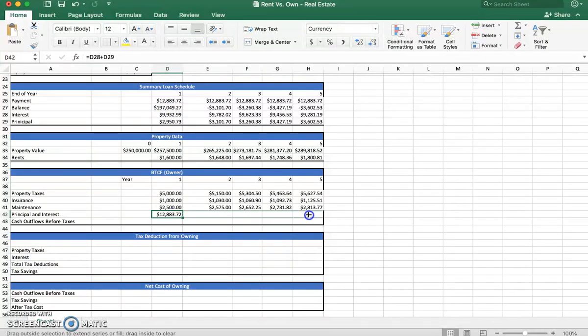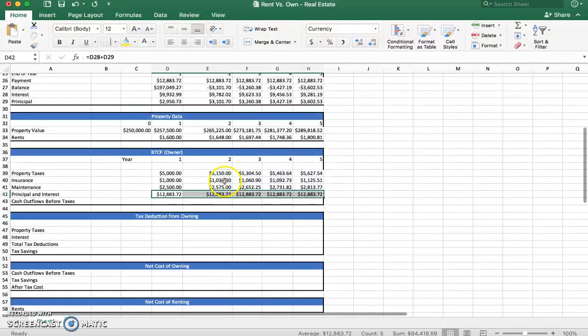As you might already know, the interest and the principal is going to be the same as the payment every year, right? It's just changed in its composition. So the principal will be going up every year. The interest will be going down every year, but it's still going to equal 12,883.